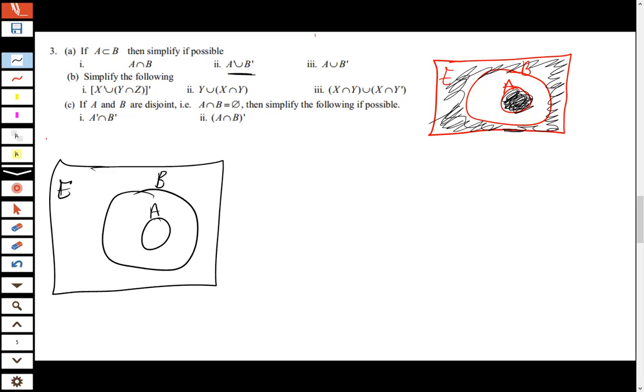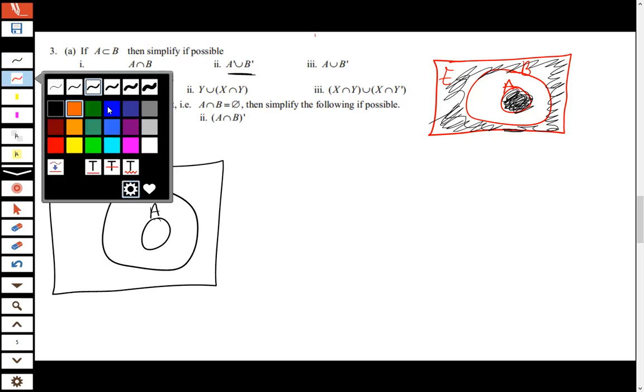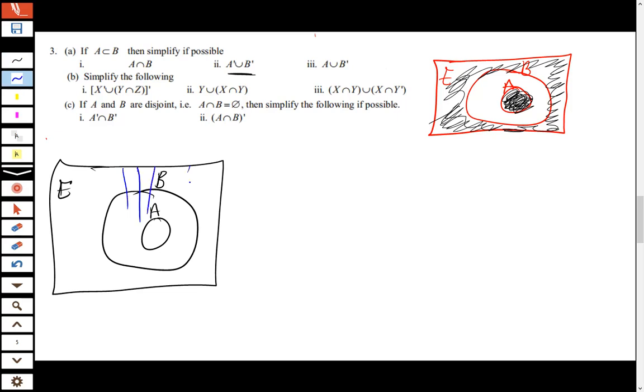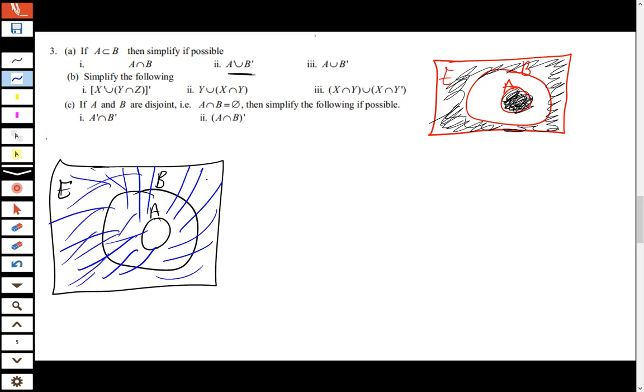So we shade A complement. Let me just use different colors. A complement is simply everything that is outside A. That is A complement. And then let us also shade B complement.